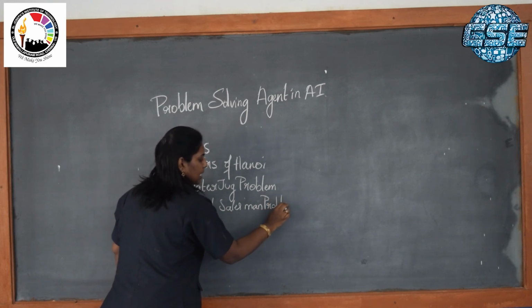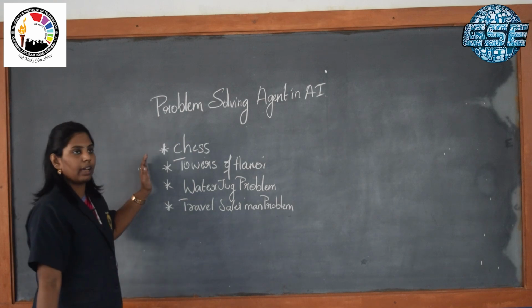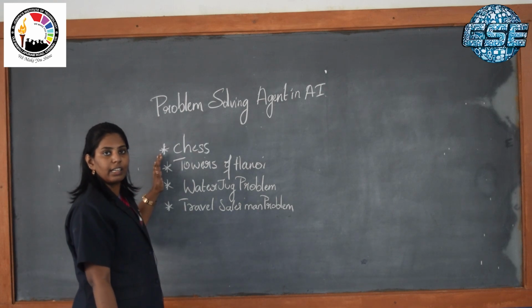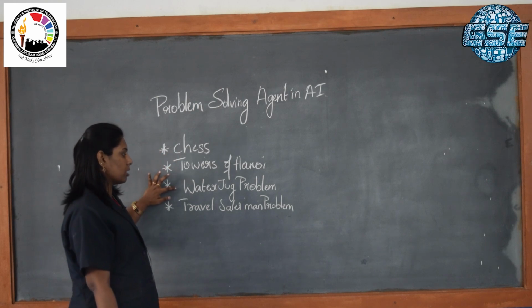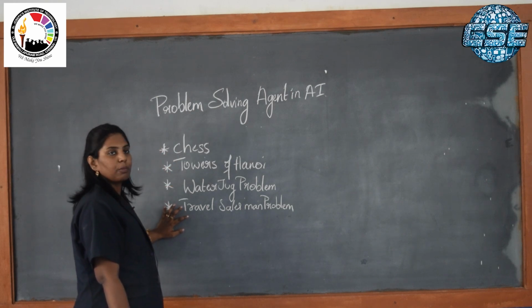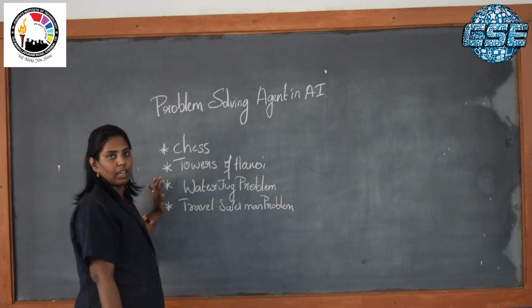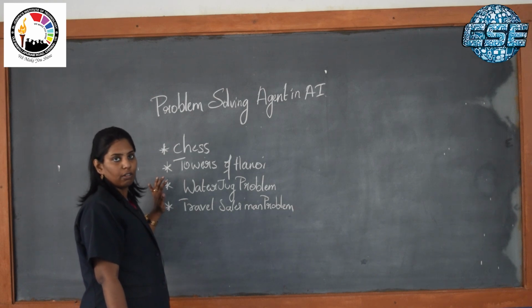So these are the examples of AI. We use searching techniques to solve these examples: chess problem, towers of Hanoi, water jug problem, travelling salesman problem. These are the examples which are used in AI. Using the searching techniques we will solve the problem.